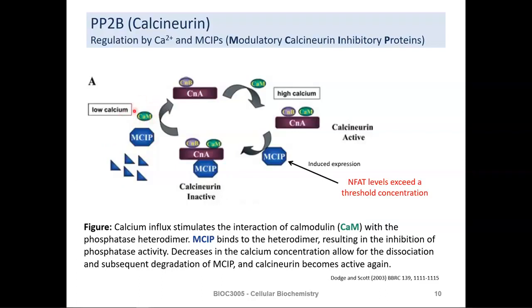The calmodulin dissociates from the CNA subunit of our PP2B, and also the MCIP dissociates. This goes on to be degraded by proteolysis. And so our calcineurin, or the PP2B, can become active again.